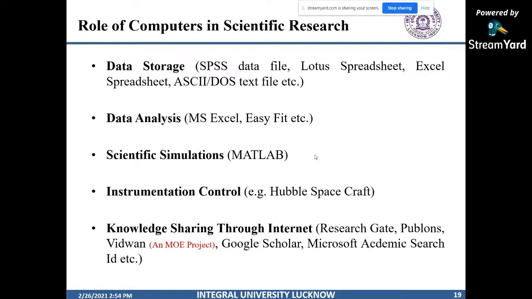Because every experiment in any of the natural sciences generates a lot of data that needs to be stored and analyzed to draw important conclusions. Suppose you have a CCTV camera at your home or your office. That camera is on 24 by 7, capturing the data of each and every minute or second.